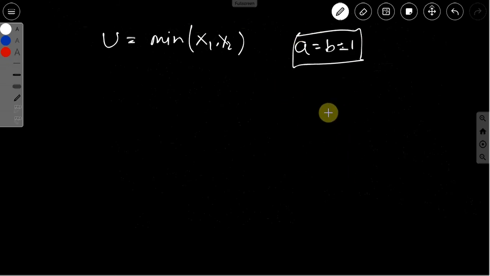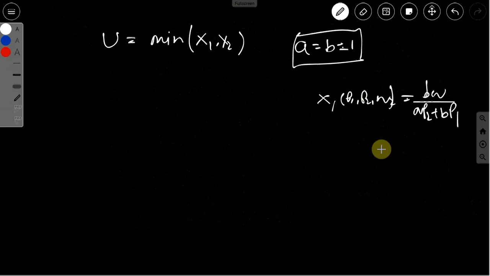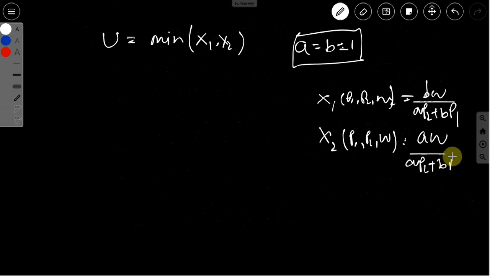So we have derived the formula for the Marshallian demand function. x1 of P1, P2, w is bw over aP2 plus bP1, and the Marshallian demand function for the second commodity, which is a function of P1, P2, and w, is aw over aP2 plus bP1.